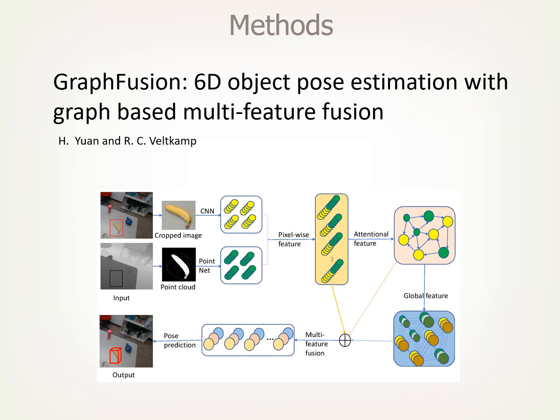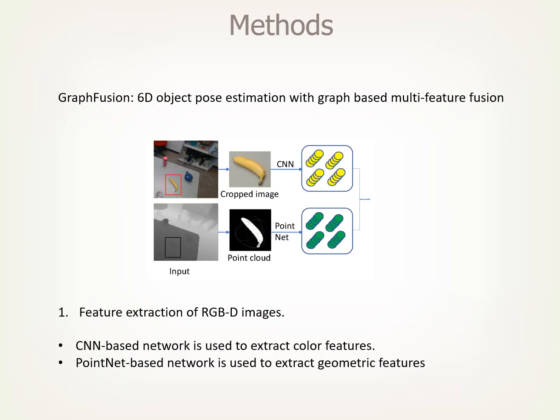The last method is GraphFusion, 6D object pose estimation with graph-based multi-feature fusion. The overview of this method is shown in the figure. In the first stage, the RGBD images are cropped with a segmentation to get the target object. After that, the color features are extracted by a CNN-based architecture, and the geometry features are extracted by a PointNet-based network, just like DenseFusion.